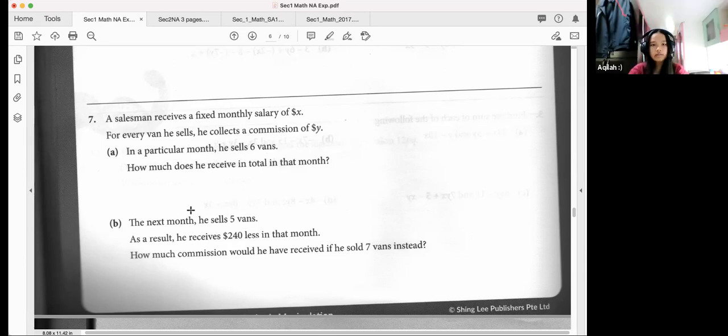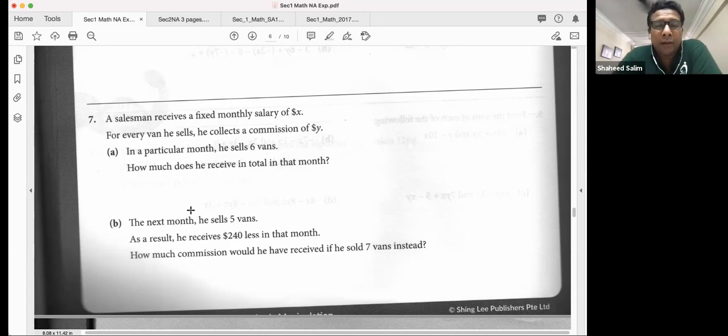6y plus x. Okay, 6y plus x. Well done. And the next one?